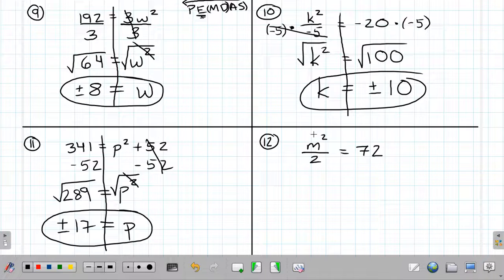Let's look at number 12. Very similar to number 10, except instead of dividing m squared by -5, we're dividing m squared by -2 or by +2. So m squared divided by 2 means you multiply by 2, take the square root, in that order. So multiply times 2.